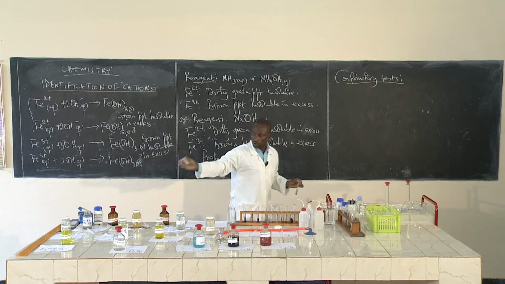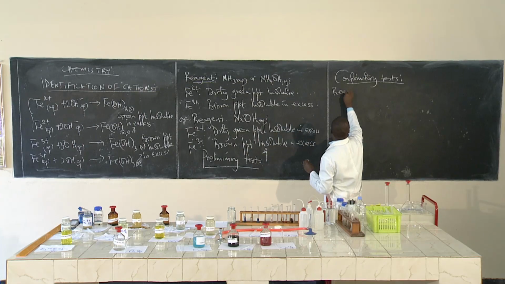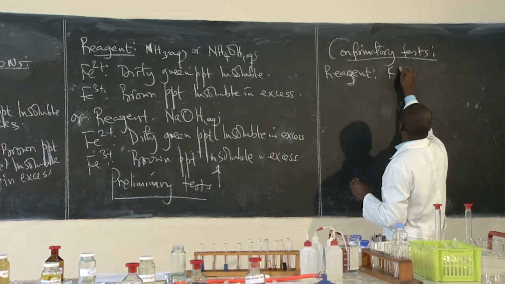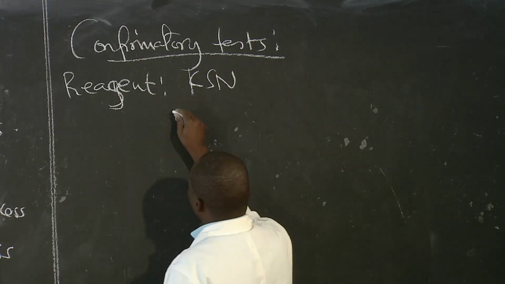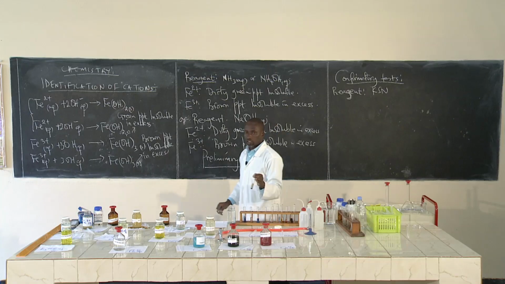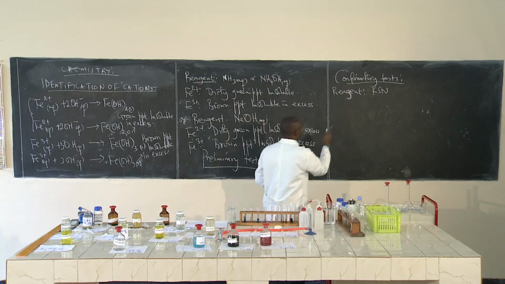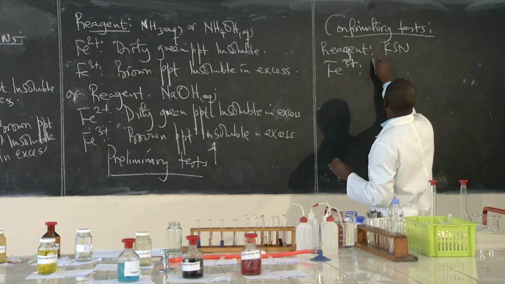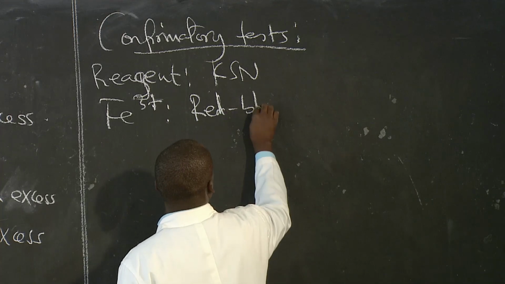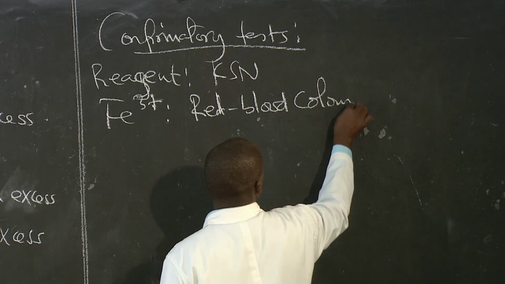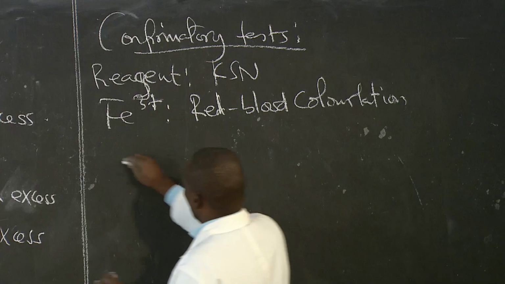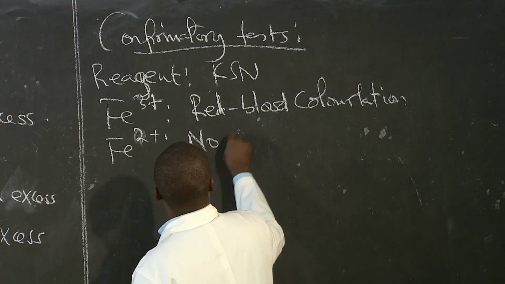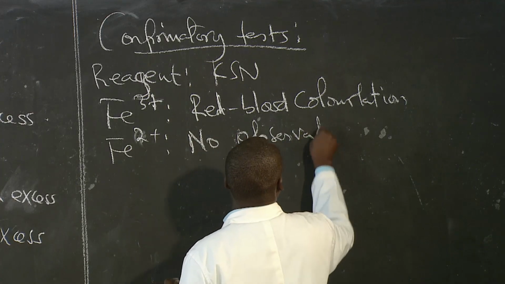One of them was potassium thiocyanide. You remember what happened with this? With iron 3 ions, there was red blood coloration. With iron 2, there was no observable change.